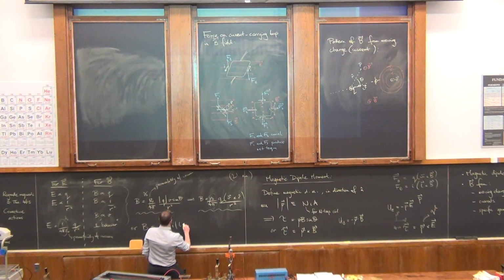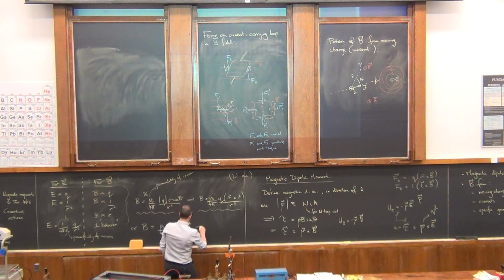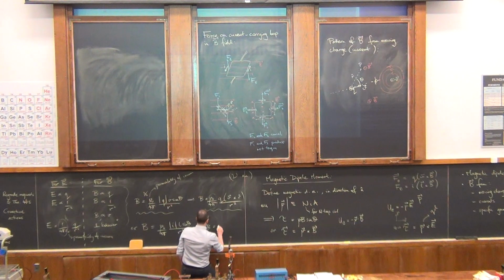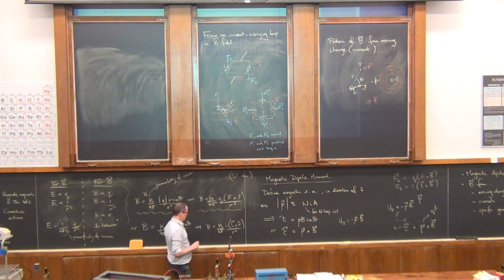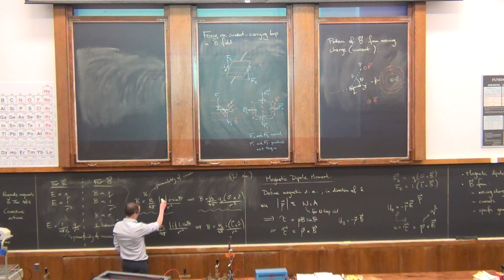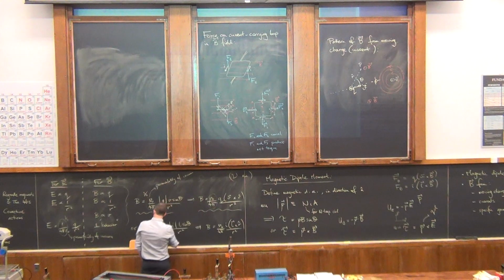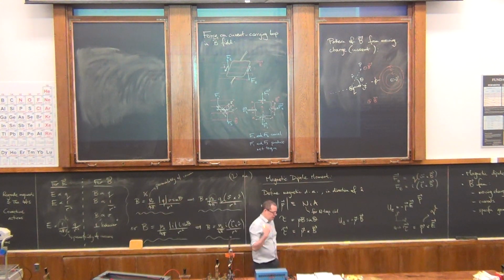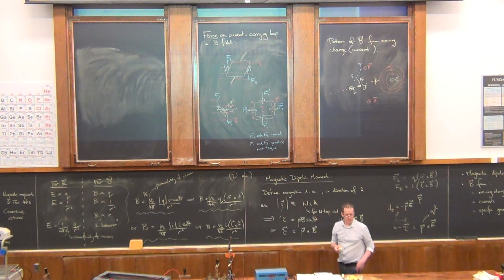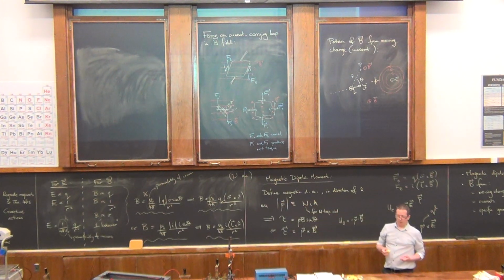This is now a length element times sine theta over R squared, or B equals mu 0 over 4 pi, I, L cross R, something like this, okay? So it's the exact same trick, just to get it in terms of a current rather than a charge. So we're going to make use primarily of the stuff at the bottom, because usually we're talking about magnetic fields produced by macroscopic currents.